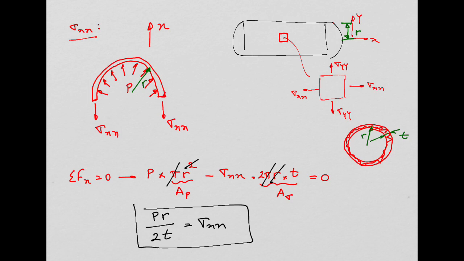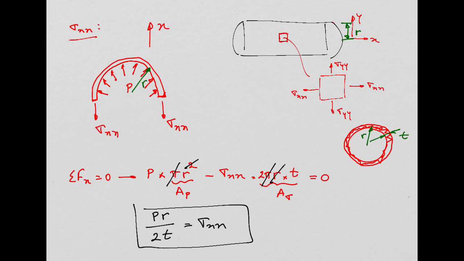This came exactly from what we did in year 1, statics: summation of forces in the x direction equal to 0. I have a free body diagram with all the loads applied, and from this equilibrium equation I get the value of my stress, sigma x.